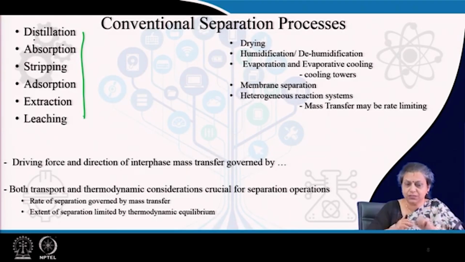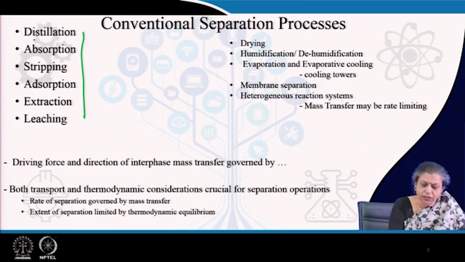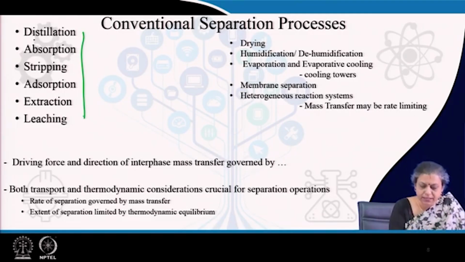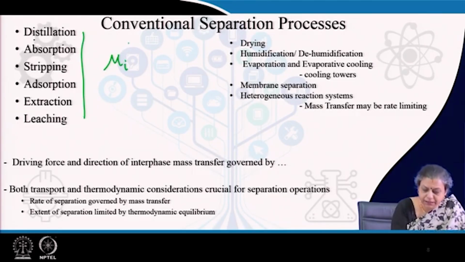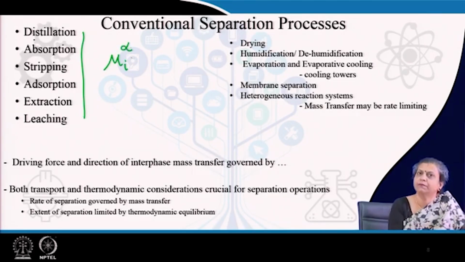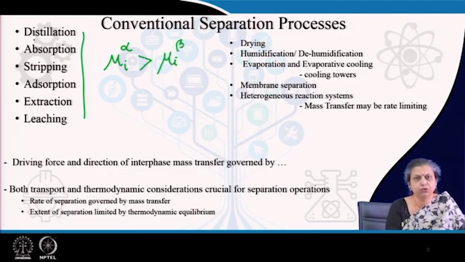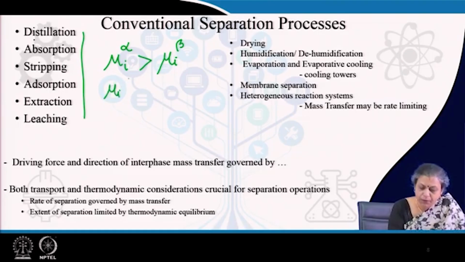This is something which we need to remember, that for all these processes we find that the mass transfer between the two phases will occur as long as the chemical potential of the component I, say in phase alpha, suppose alpha and beta are the two phases, mass transfer will occur as long as mu I alpha is not equal to mu I beta, and the mass transfer is going to stop when mu I alpha becomes equal to mu I beta.